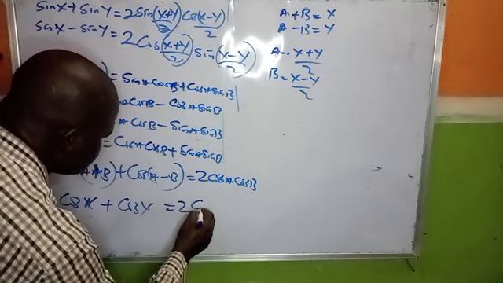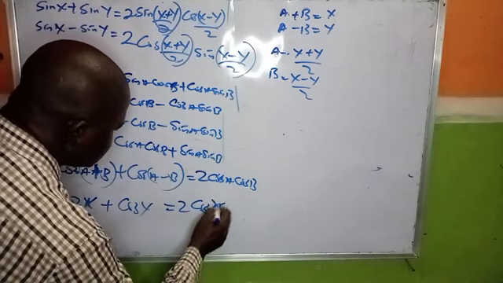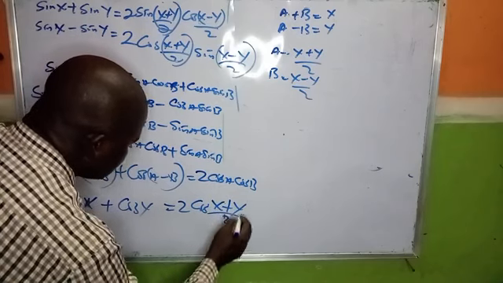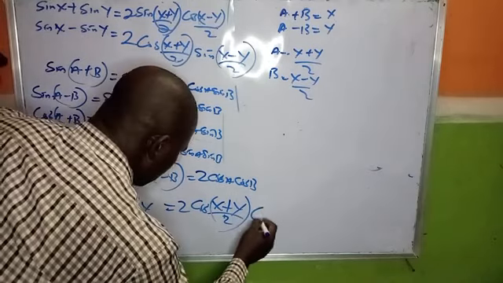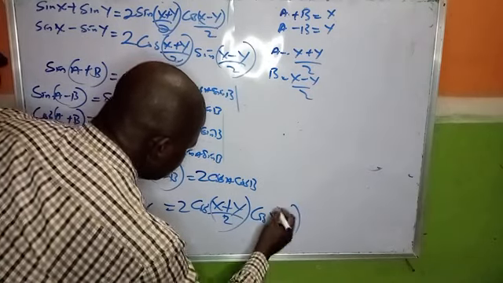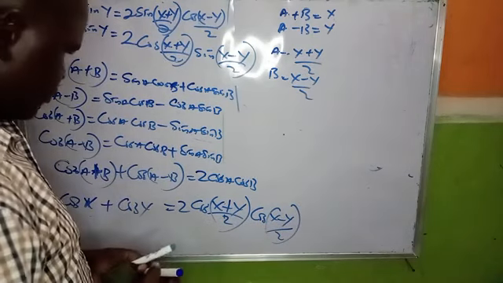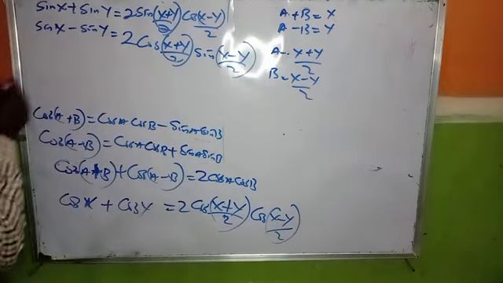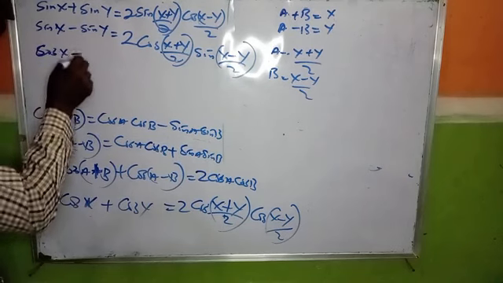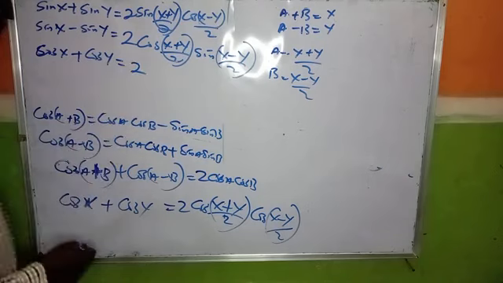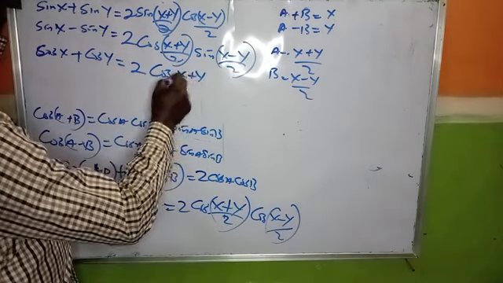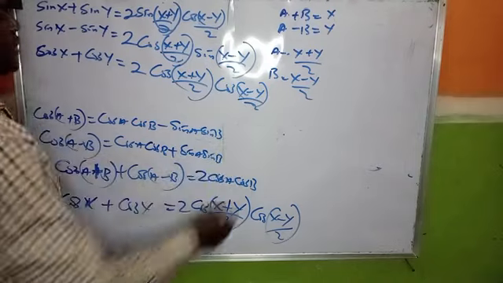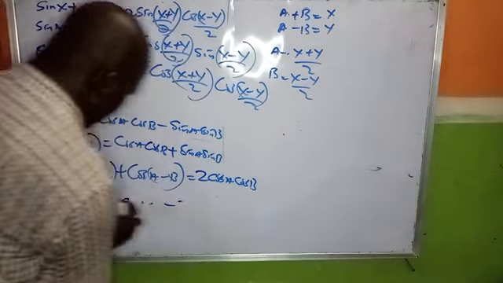Here we give you 2 cos x plus y over 2 cos x minus y over 2. So that's it. So you can have it written here: cos x plus cos y will give you 2 cos x plus y over 2 cos x minus y over 2. So you have that.